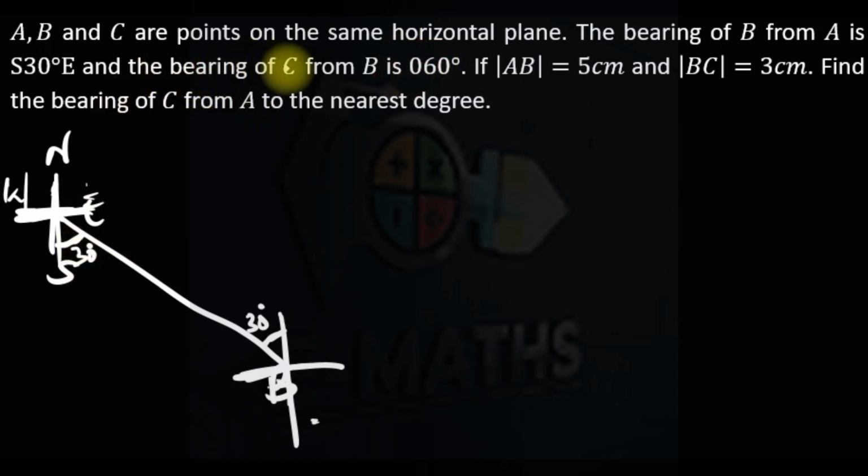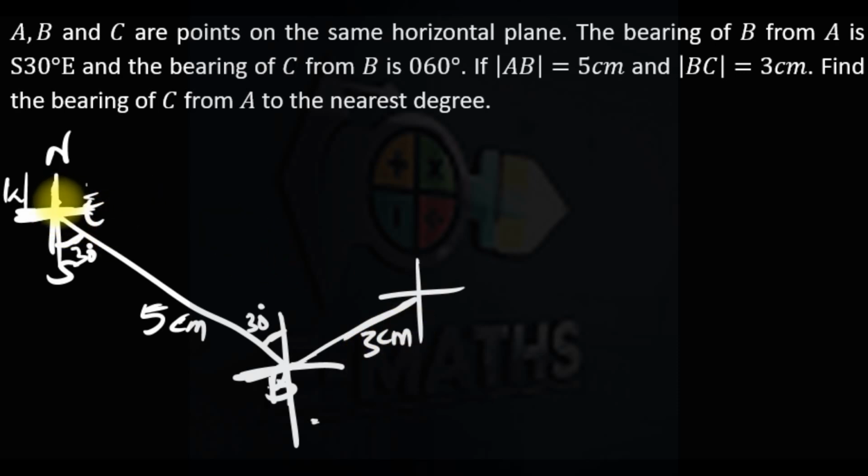And they said the bearing of C from B, so from B, C is still open wider, so this is 60, and the distance, this is 5 cm, so this will be 3 cm.